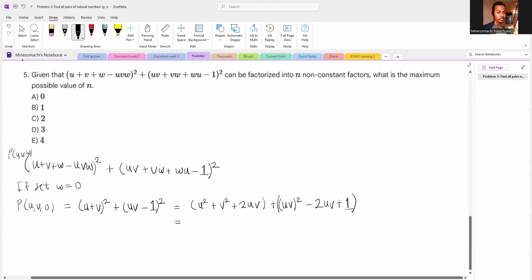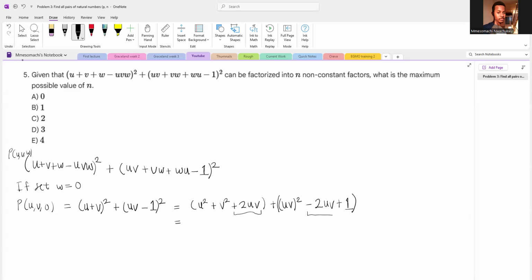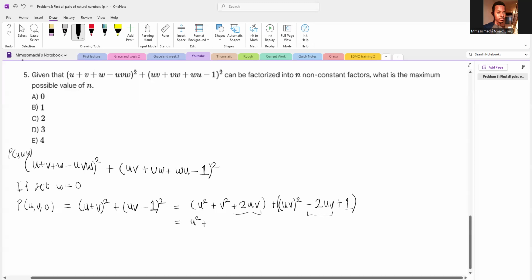Then we can open the brackets and simplify, but we can immediately see that the +2uv and −2uv cancel out. So this equals u² + v² + (uv)² + 1. And we can factorize this.